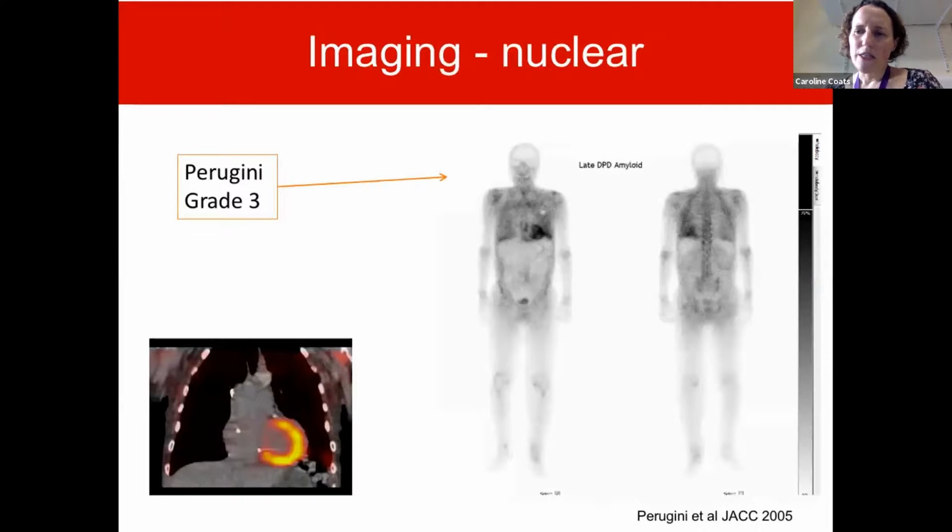The real game changer has actually been the use of bone scintigraphy. This came into clinical practice about 10 years ago, and over the last 5 years has been much more widely available and is available again in several centres in Scotland.